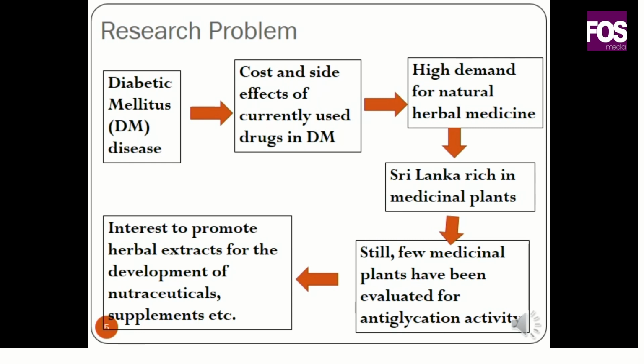However, their cost is high and they have side effects. Therefore, it is better to find a replacement for these synthetics with herbal medicine because presently naturals have high demand in consumption. You all know that Sri Lanka is blessed with a variety of medicinal plants.